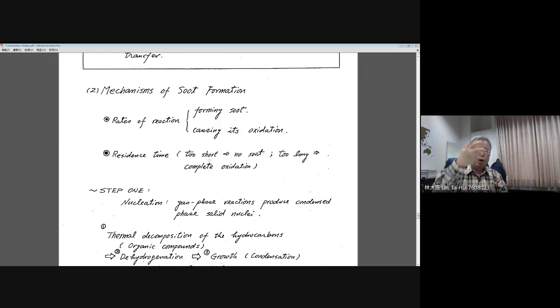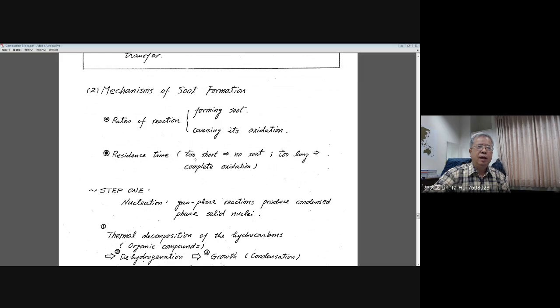But it is possible to have nucleation and a large soot particle in the downstream because the flow velocity becomes small. Now you understand why the flame at the base of a diffusion flame has the blue color. This is one thing, because the residence time is too short.